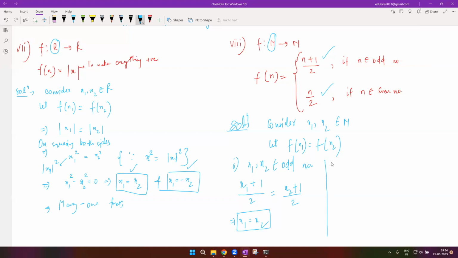But we have four cases. Now let's come to the second case. Let's assume that both x1 and x2 are even numbers. If they are both even numbers, the second expression will be valid for defining the function. So fx1 would be x1/2 and fx2 will be x2/2.